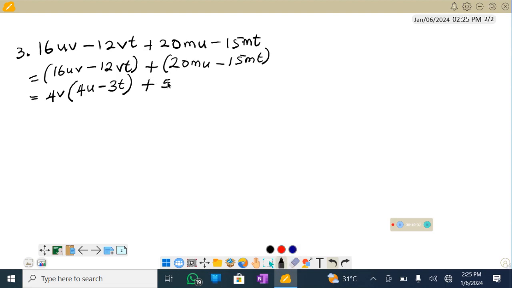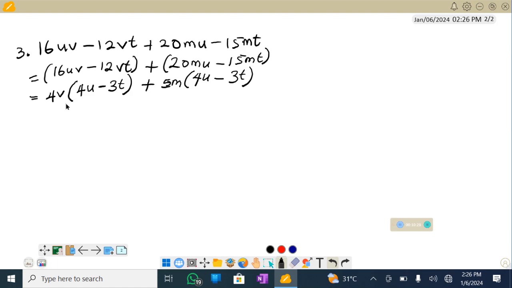So you have 5 there, and M is here, M is here. So we have M on both sides of those expressions. I think that's all. So you open your bracket. 20 divided by 5 will give you 4. M will go with M. Then we have U left. Minus 15 divided by 5 will give you 3. M will go with M. Then we have T left.